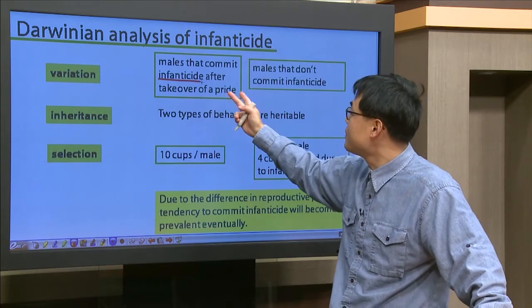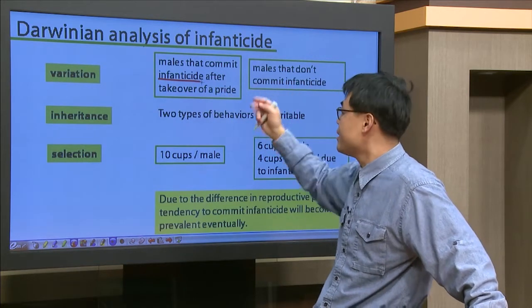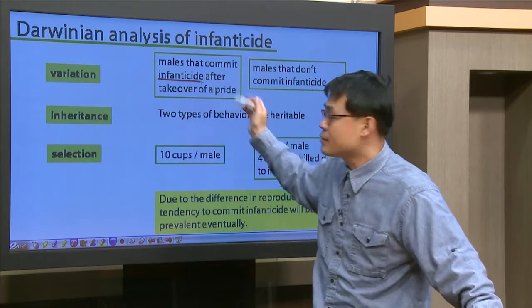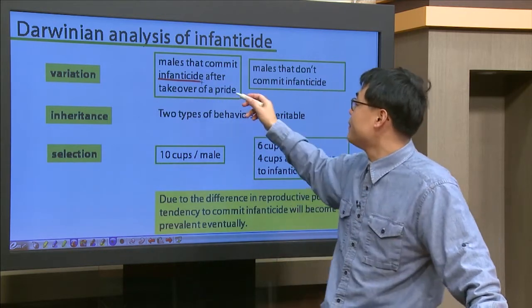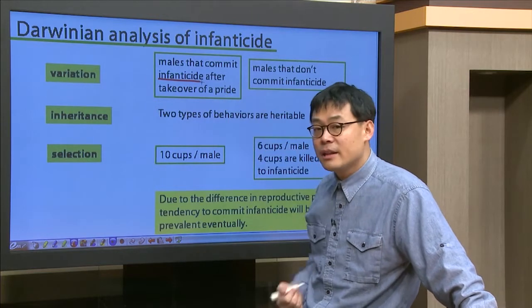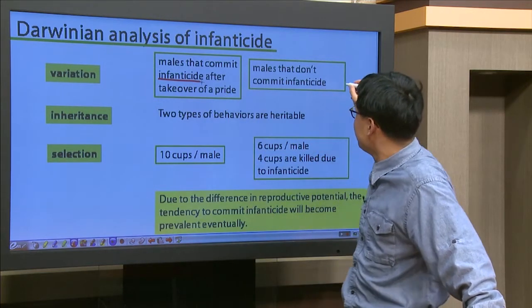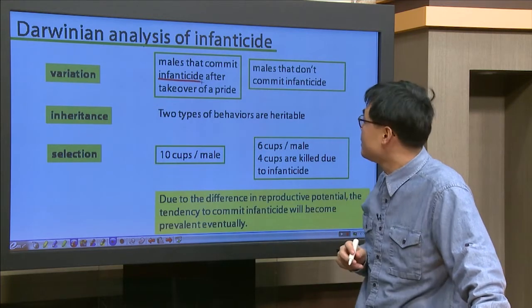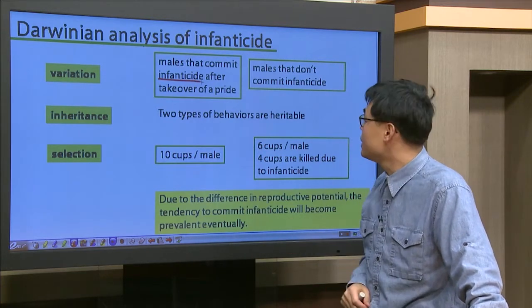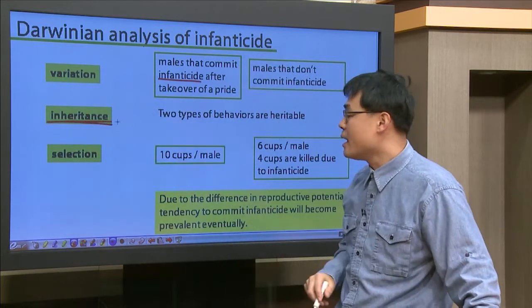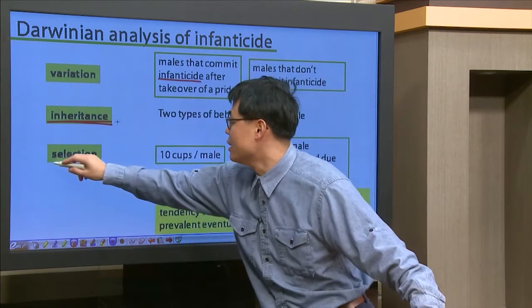So now we have these two variations of behavior. Let's also assume that these behaviors are inherited, so that if your father commits infanticide, the sons are also likely to commit infanticide. If your fathers do not commit infanticide, then sons are not likely to commit it. That's the inheritance.